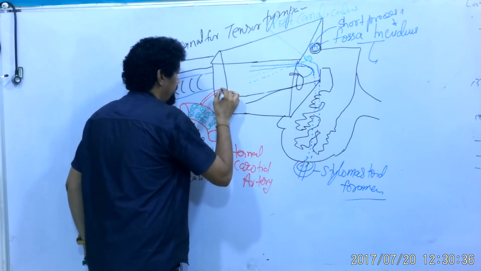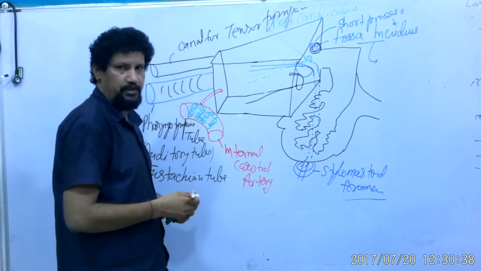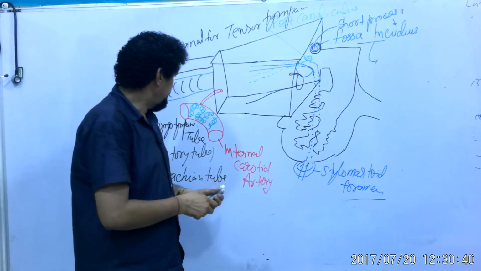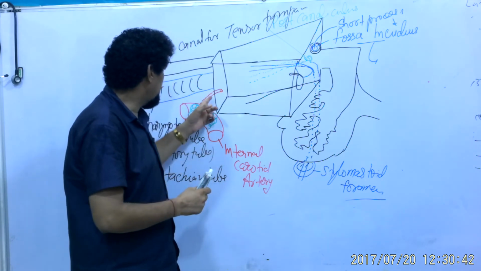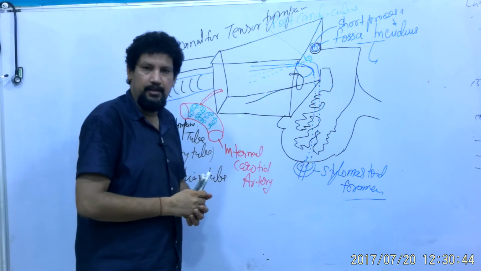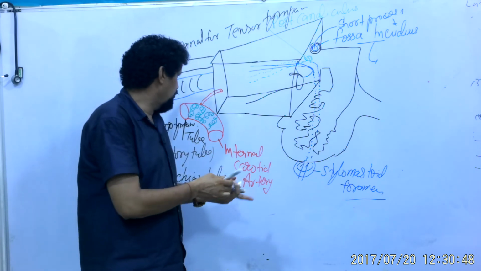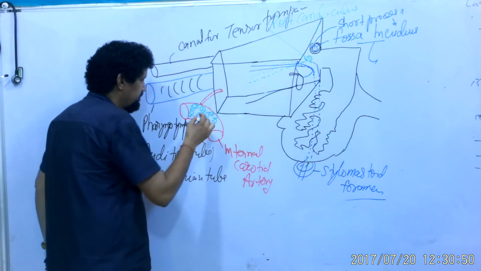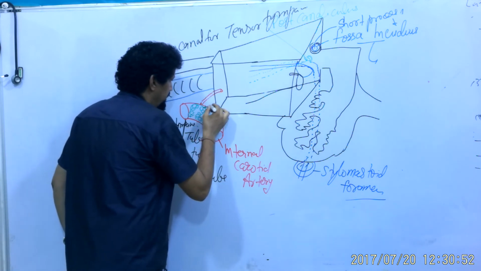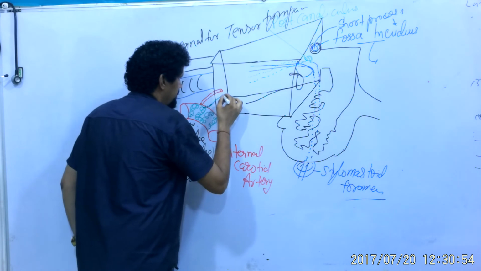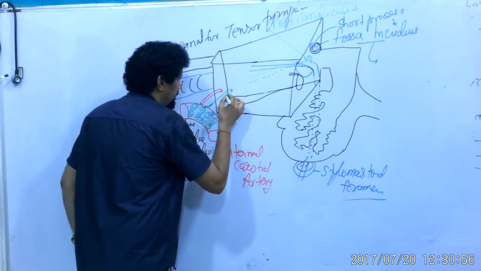This is the tympanic branch of the internal carotid artery and two nerves which are branches of this network of the sympathetic nerves.